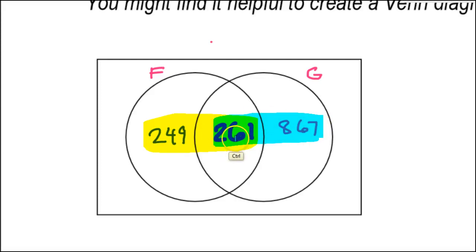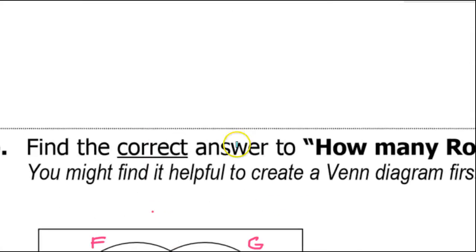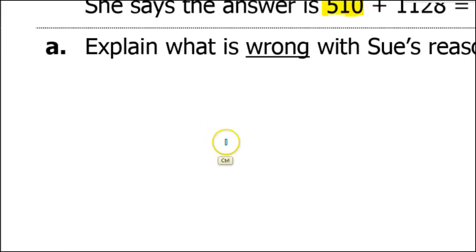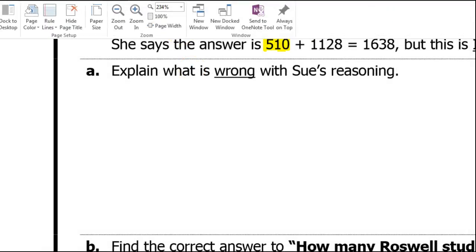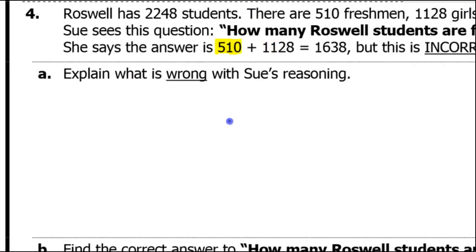So that's like adding the 261 and the 867. In other words, she counted the 261 twice. All right, once included in the first number and again included in the second number. So she's double counting the 261. That's too many. So that's basically what you need to write in your explanation. Something about counting the 261 twice.